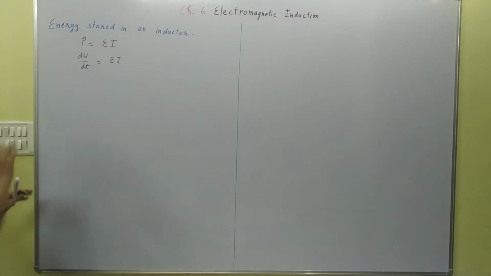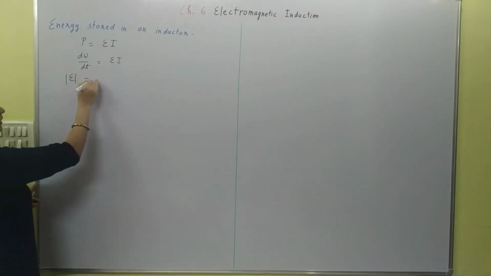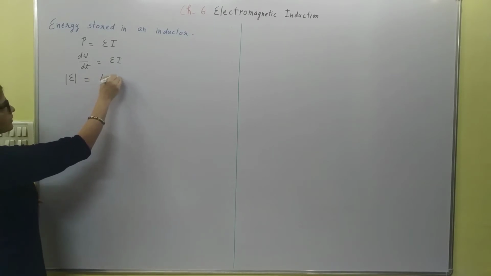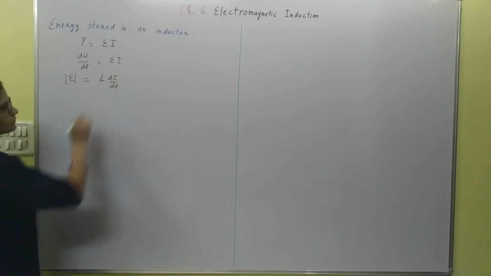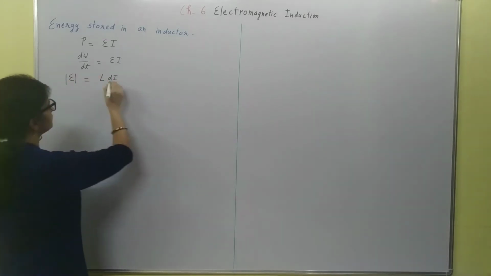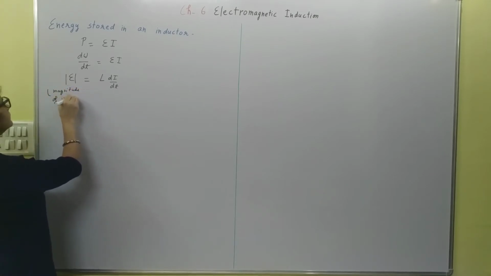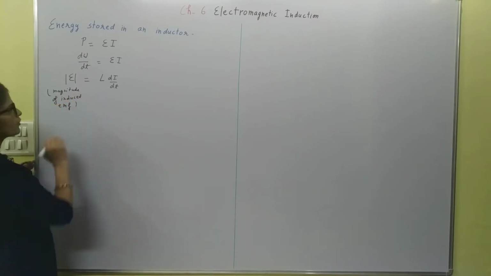dW by dt. And we know that the magnitude of the induced EMF is L di by dt. This is the magnitude of induced EMF.